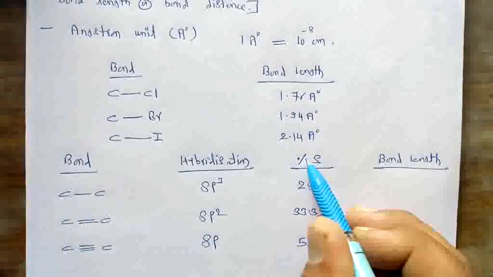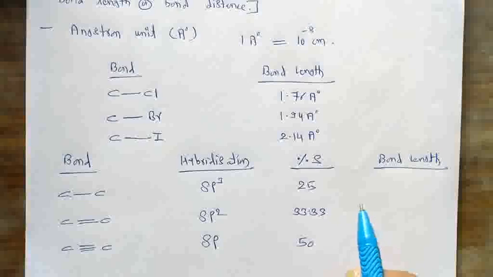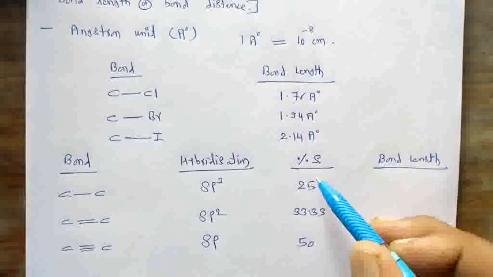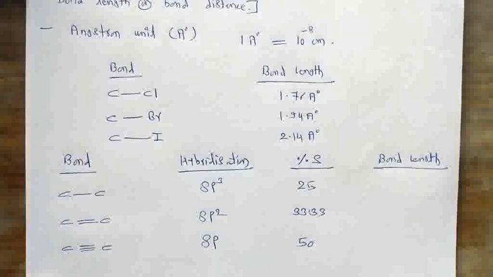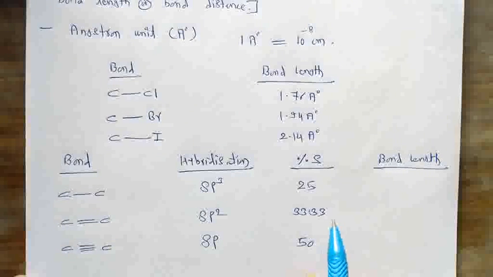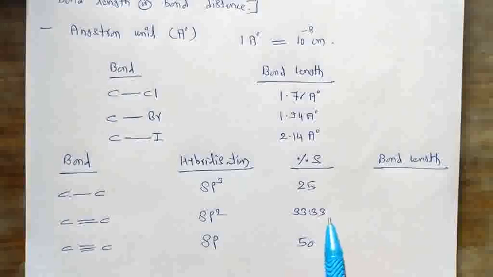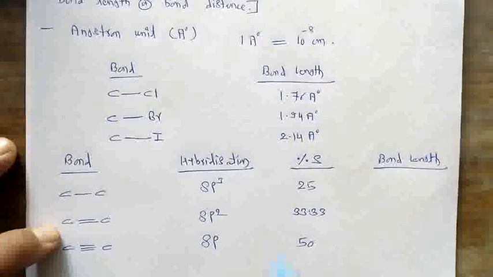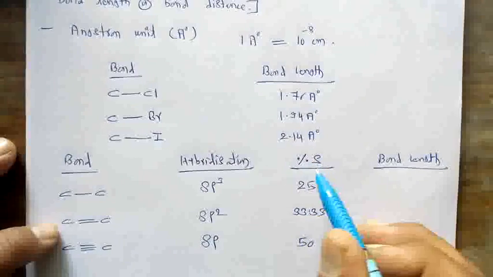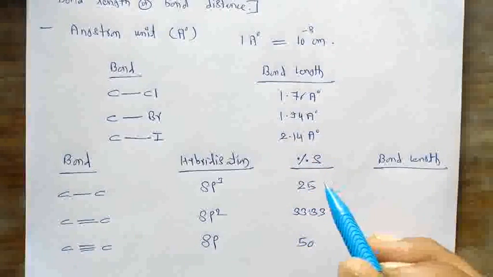Now we have to correlate how the bond length depends upon the hybridization as well as the percentage of S character. We know very well that as the percentage of S character goes on increasing, the atomic size or atomic radius of a particular atom goes on decreasing.